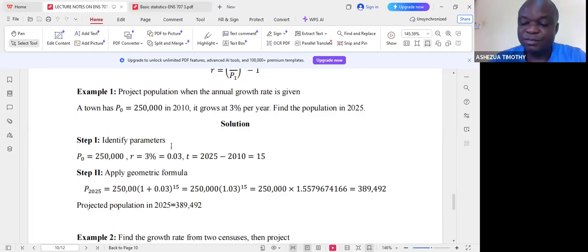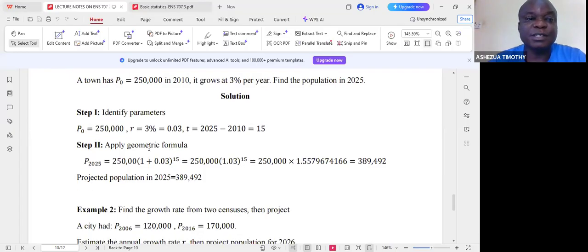So the very first thing we're going to do is to identify parameters. Our P naught as given in the question is 250,000. Our R as defined in our parameters is 3%, which is equal to 0.03. And our T is normally the difference between the years.